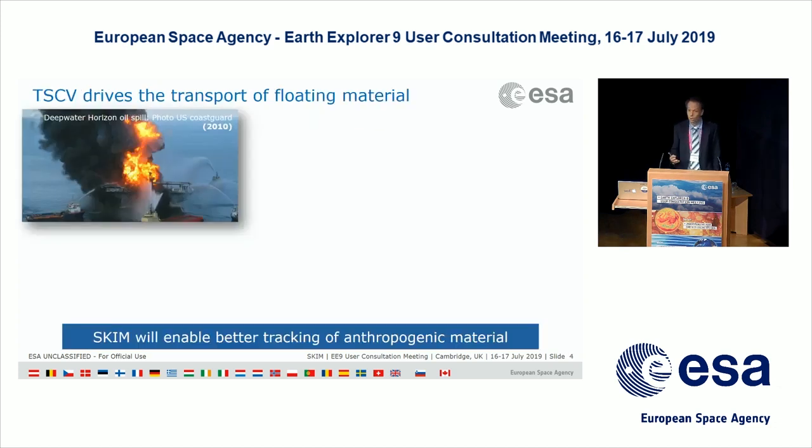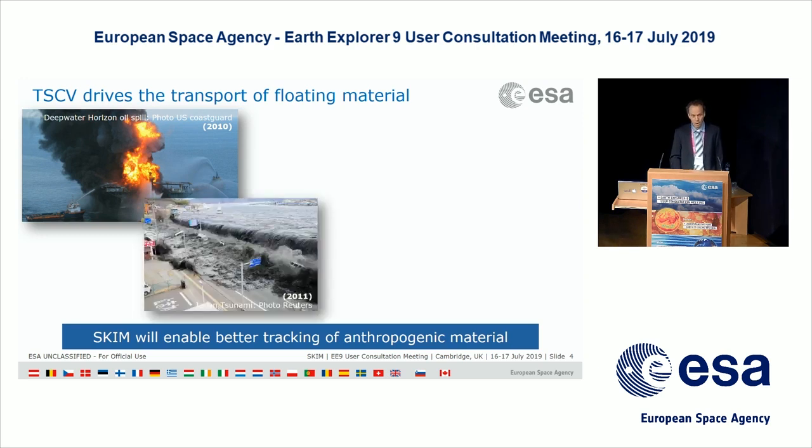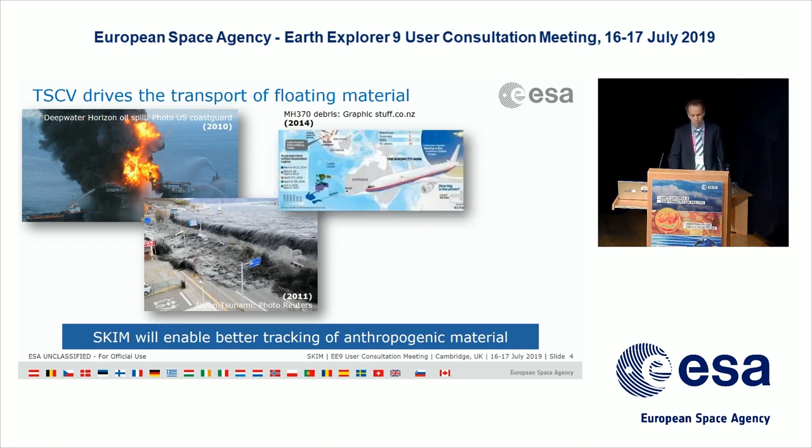Or the flotsam that was washed into the ocean after the 2011 Japan tsunami. Or the debris from the missing Malaysian airline MH370 flight in the Indian Ocean. In each of these cases, the first responders had real trouble trying to measure where the material would go, because they didn't have accurate total surface current velocities.